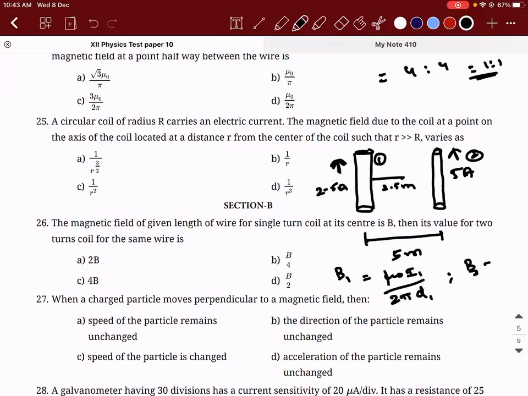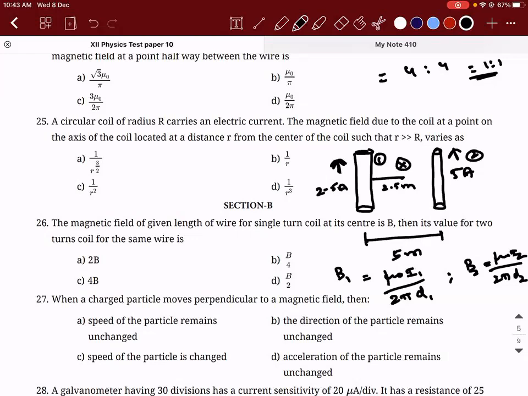And B2 will be equal to mu naught I2 divided by 2 pi into d2. Can you tell me what is the direction of B1? Is it into the plane or out of the plane? Can you tell me the direction of the magnetic field due to the first? Into the plane. Correct.